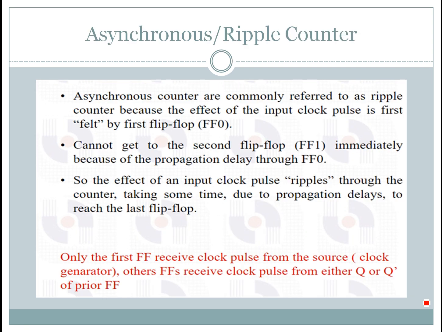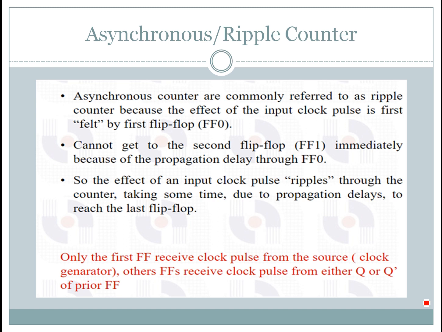So next one, asynchronous or ripple counter. Asynchronous counters are commonly referred to as ripple counters because the effect of the input clock pulse is first felt by the first flip-flop, that is FF0, and it cannot get to the second flip-flop immediately because of the propagation delay through FF0.